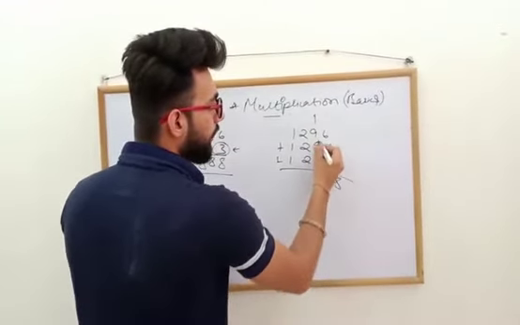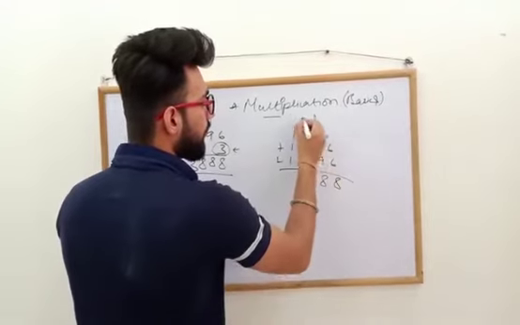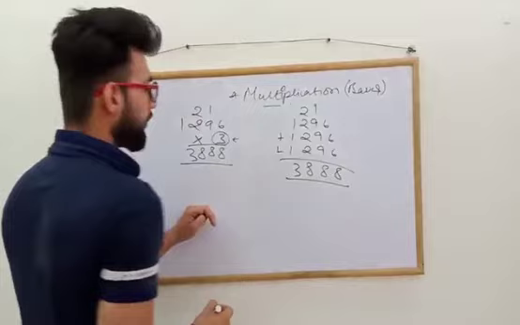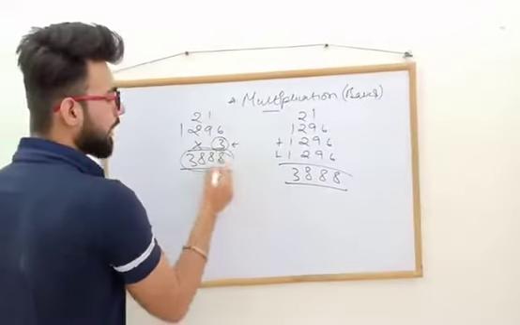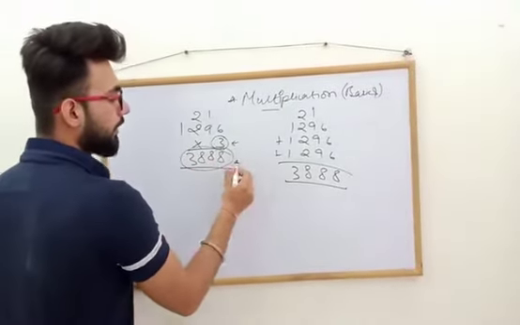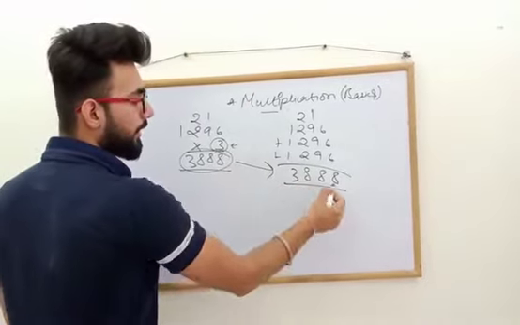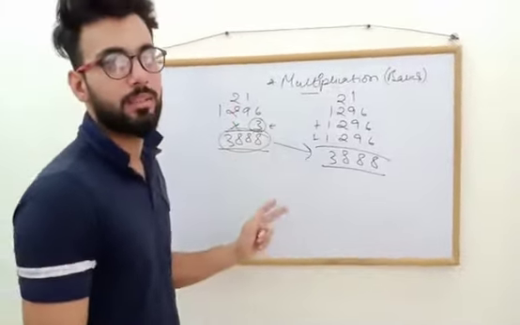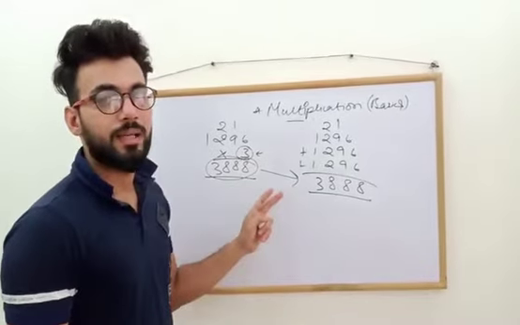Carry 1. 27 and 1 is 28. 8 and 3. So you got the same answer, 3888. So these two answers tell you that multiplication is repeated addition.